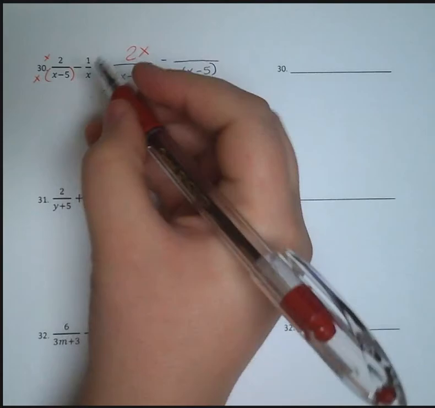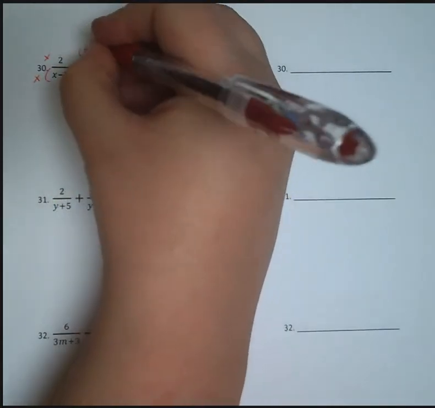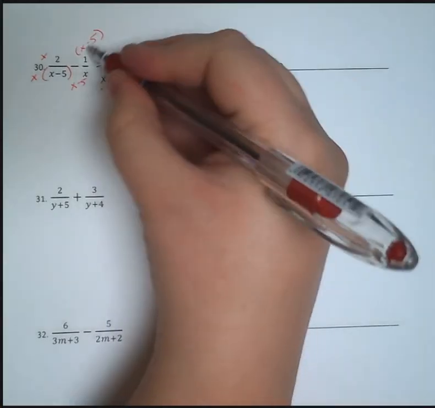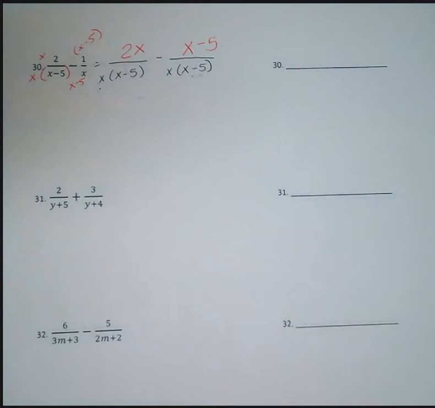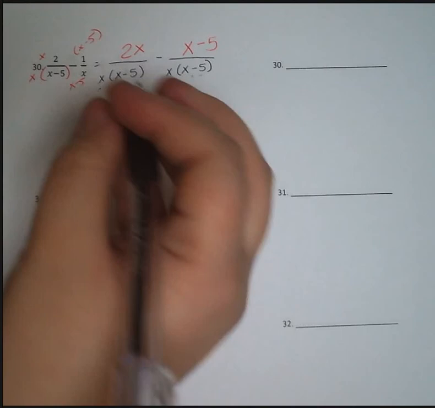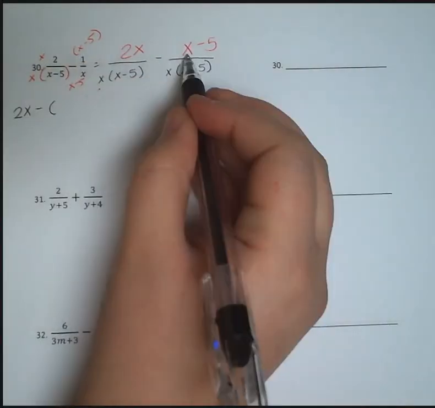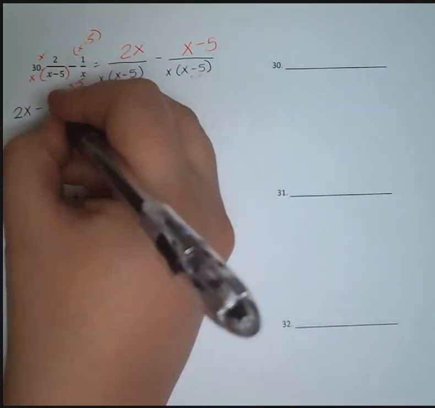And this denominator is missing an x minus 5. So we're left with 1 times x minus 5, which is just x minus 5. Now we can put everything over the same denominator. So we get 2x, and remember, whenever you have more than one term in your numerator, you're always going to put it in parentheses when you rewrite it.